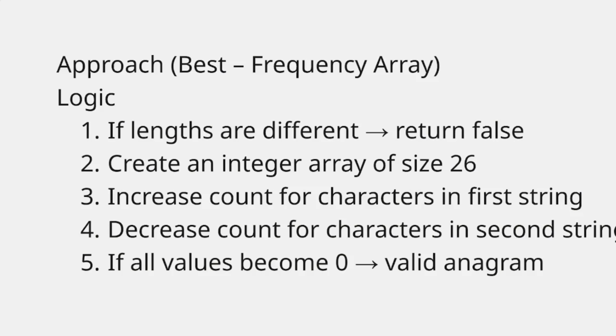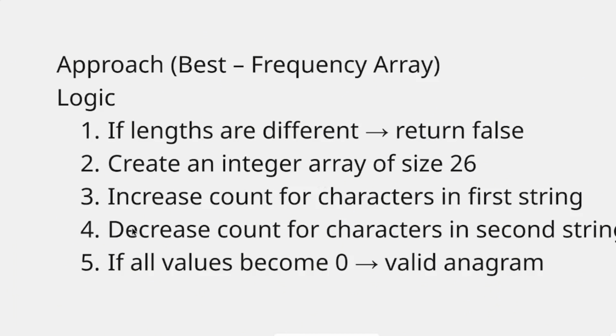In step 2, create an integer array of size 26. We are going to create it for lowercase, because if we enter any capital letter as input, we will convert it into lowercase. It is much easier.